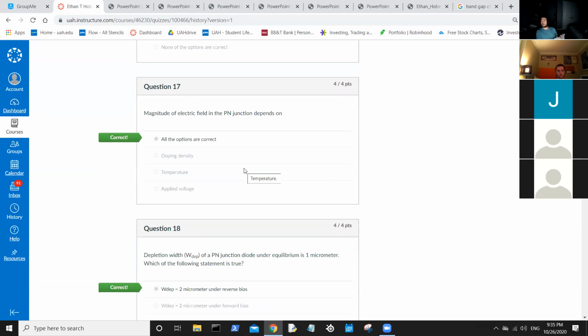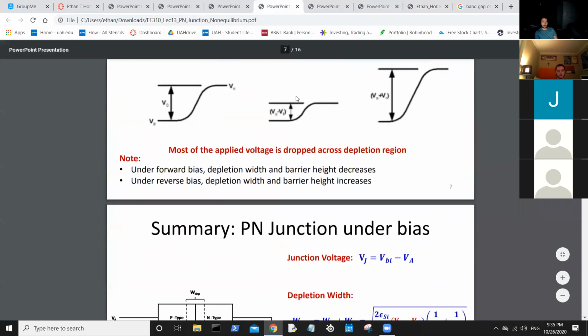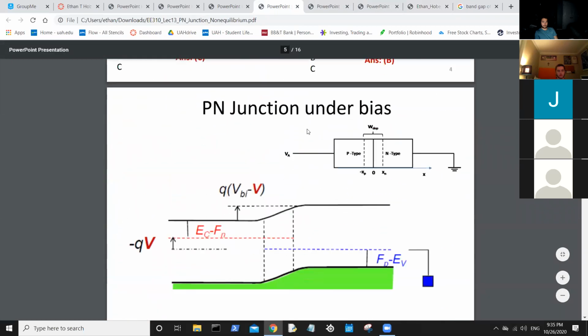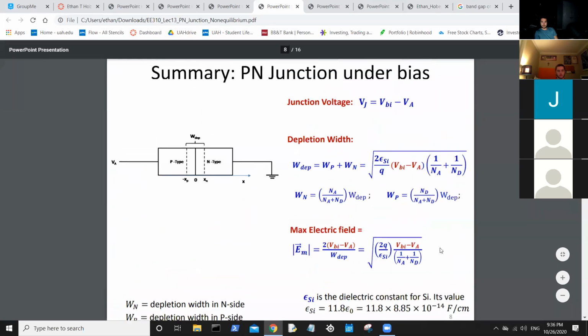And now we get to applied voltage, which is a bit tricky, because if we were working only with the equilibrium formulas, like the ones I just listed, we wouldn't immediately know if applied voltage matters. But applied voltage obviously matters, and we know that because the formulas change under bias. Here are your changes.